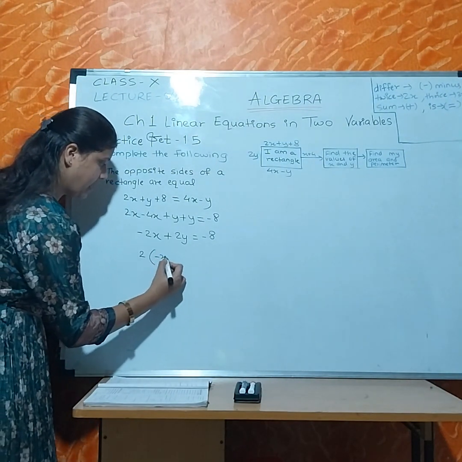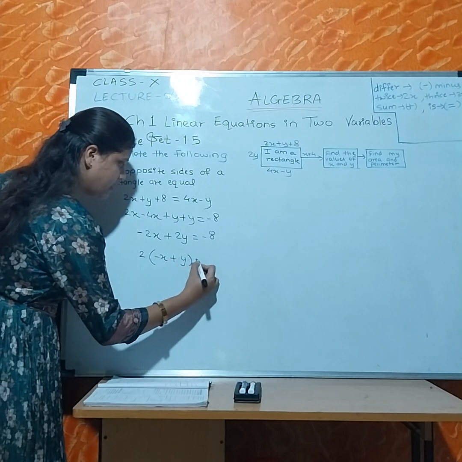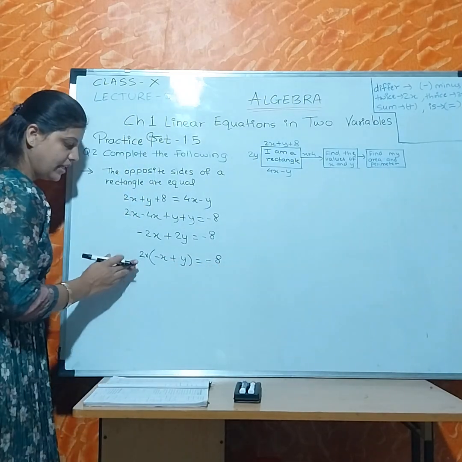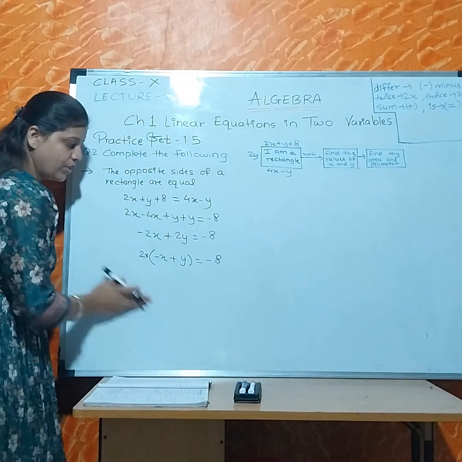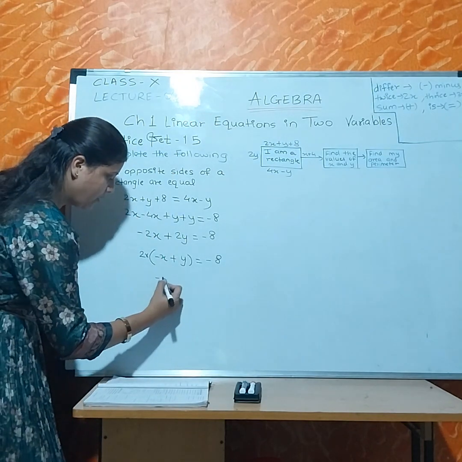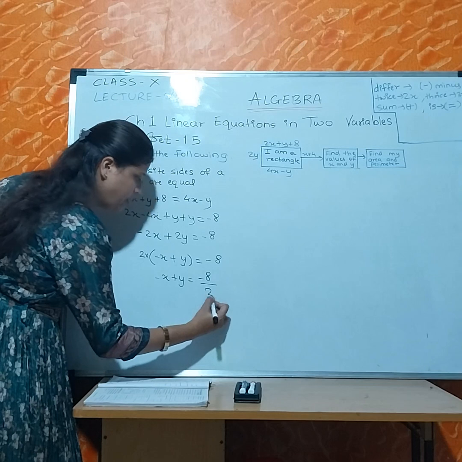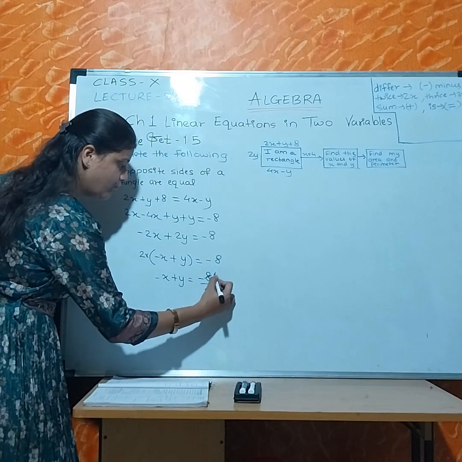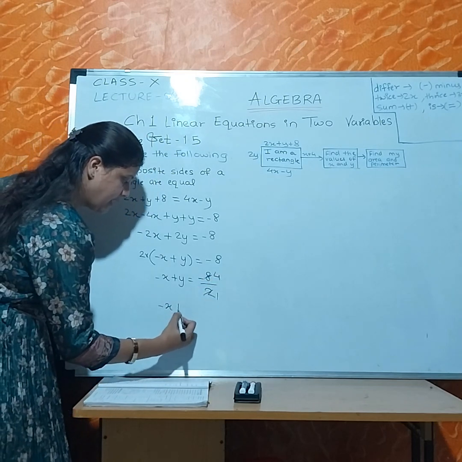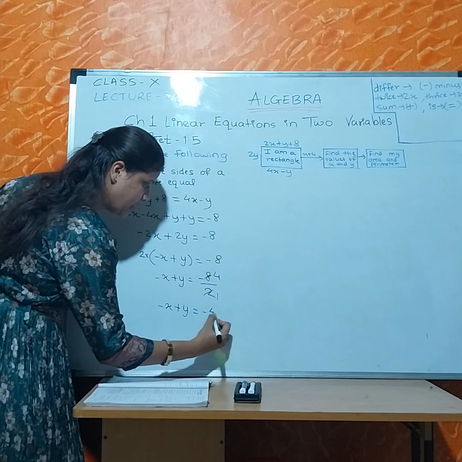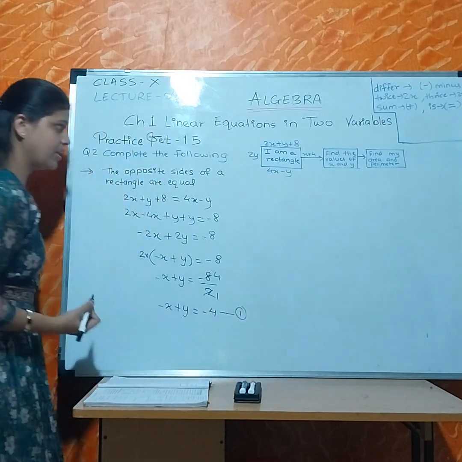So what is remaining? Minus x plus y is equal to minus 8. It is in multiplication form, so it will go in division form. Minus x plus y is equal to minus 8 upon 2. 2 ones are 2 and 2 fours are 8. So minus x plus y is equal to minus 4 is our equation number 1.